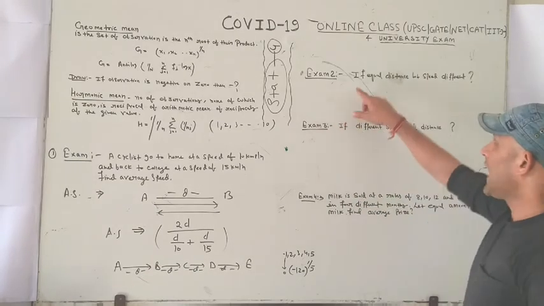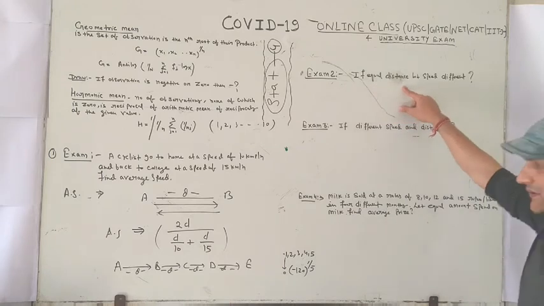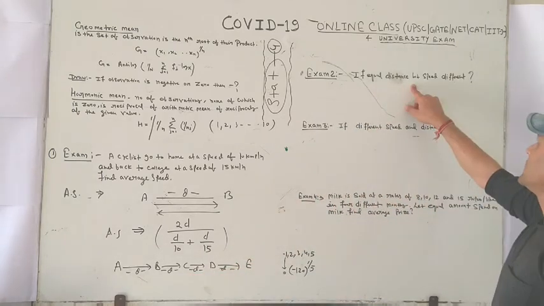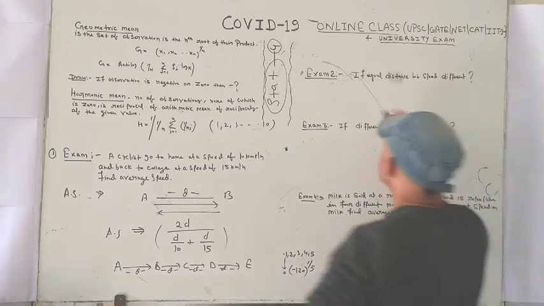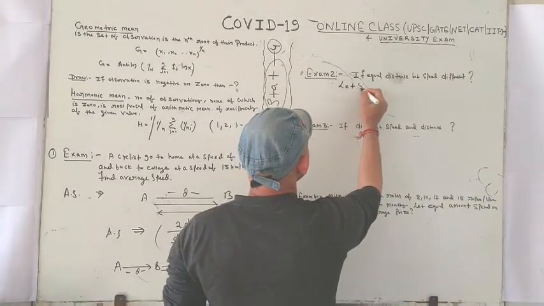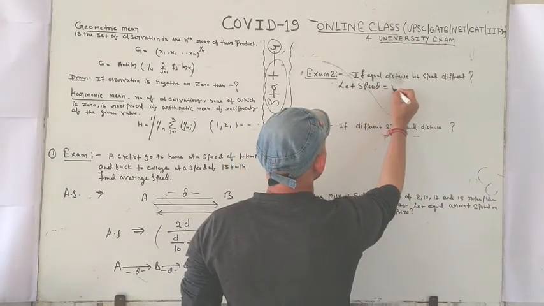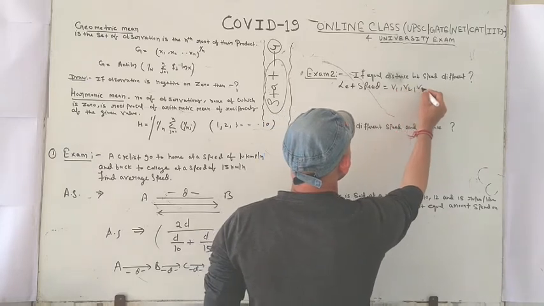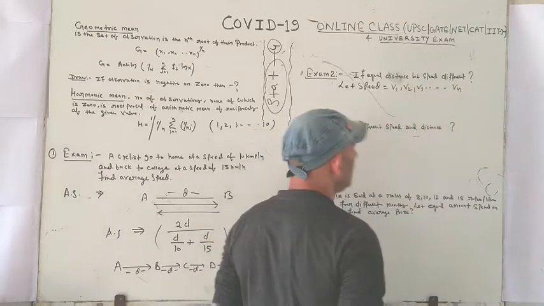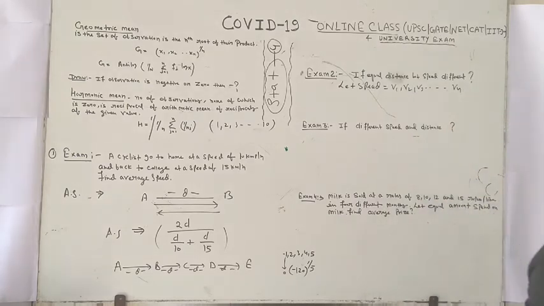Question number 2. I have written: if distance is equal but speed is different. So let the speeds be V1, V2, V3 up to Vn. Okay, we are taking V1, V2, V3 as different speeds.